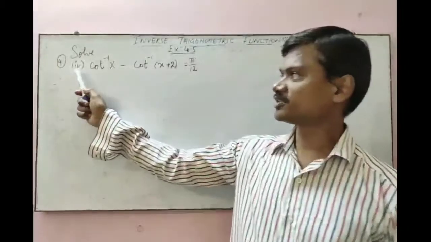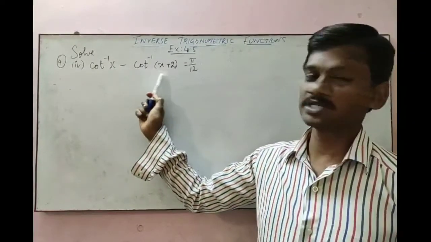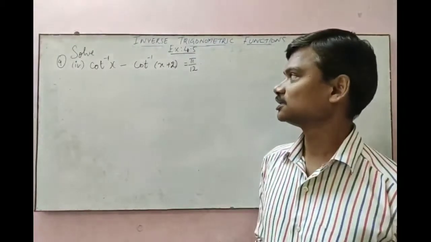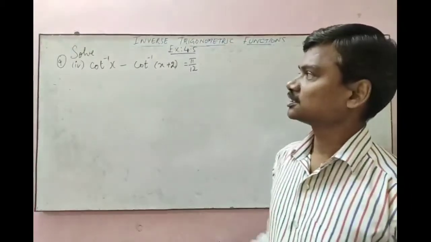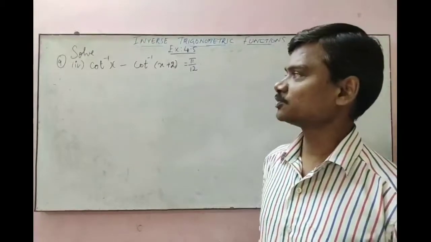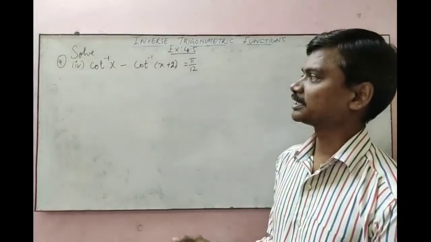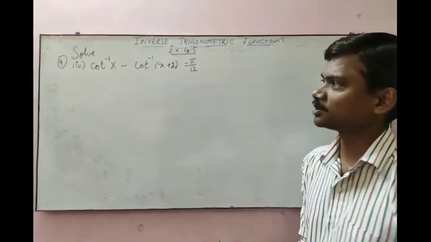Next, in the fourth subdivision, 9th sum, we have cot inverse of x minus cot inverse of (x plus 2) equal to pi by 12. Here also we have to solve the question and find the answer for x. Here the question is in cot inverse. I am going to convert this cot inverse in terms of tan inverse. What is the relation between cot inverse and tan inverse?